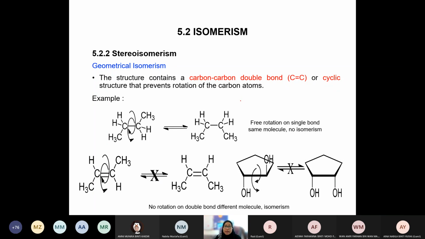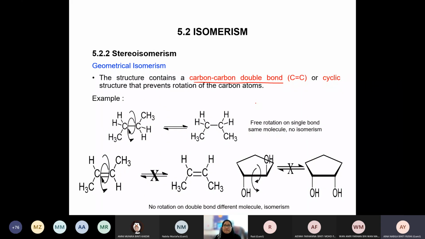This geometrical isomerism can only happen if certain conditions are met. You have to know the conditions, and then you can tell whether this molecule has geometrical isomerism. Not all molecules can have geometrical isomerism. In order to do that, you have to know the rules. In order to have geometrical isomerism, the molecule needs to have a carbon-carbon double bond.